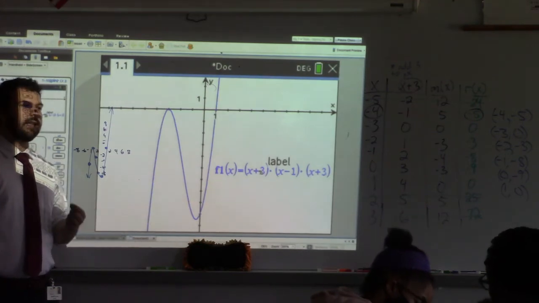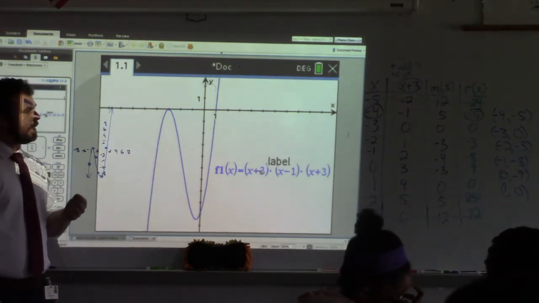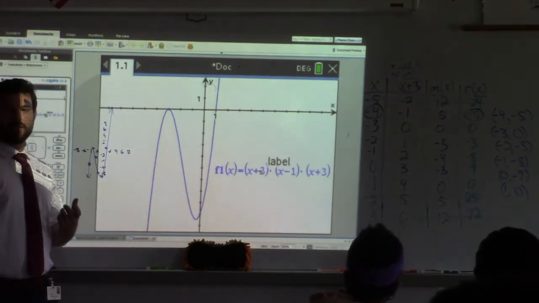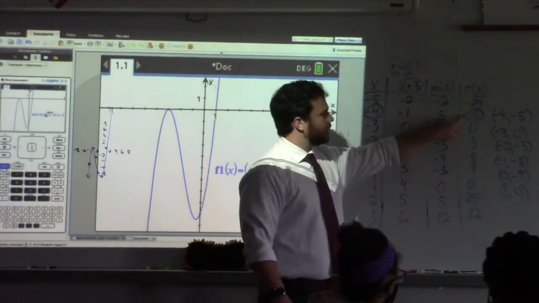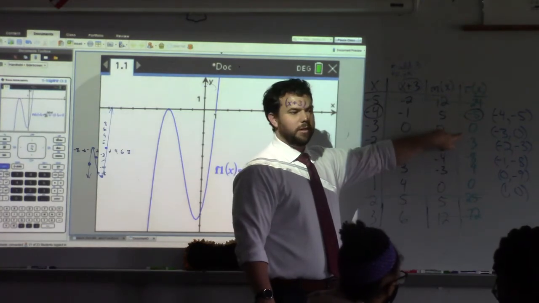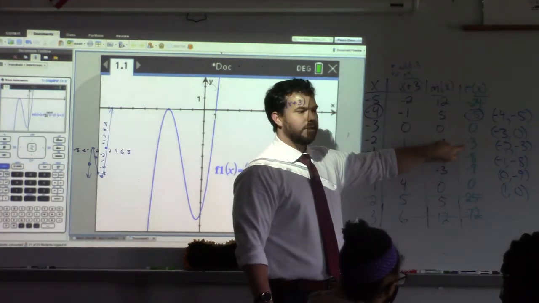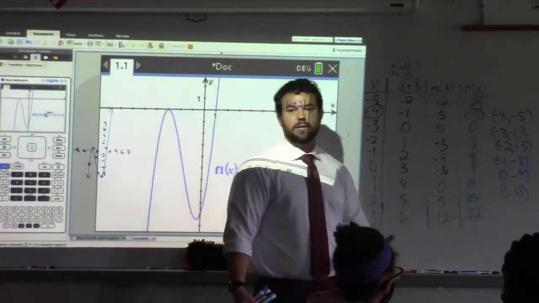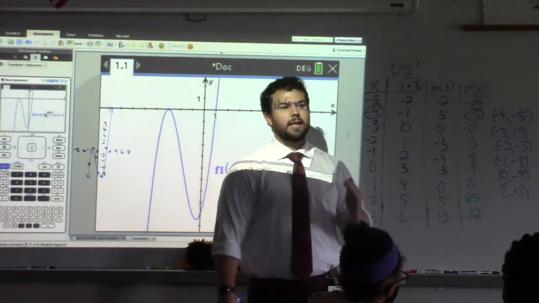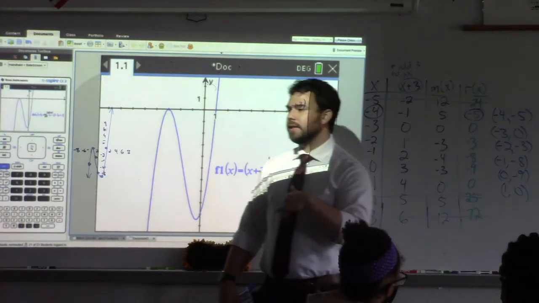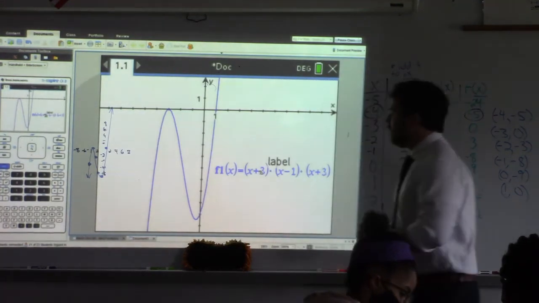Do not forget, the number 0 is in between what sets of numbers? Positives and negatives. Notice right here, it was negative before the 0, and it is negative after the 0. There is a chance, right, that we just missed the positives, but when there's just that 1 zero like that, it's going to touch the x-axis and go back away.